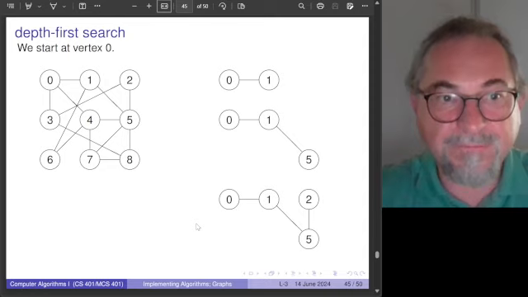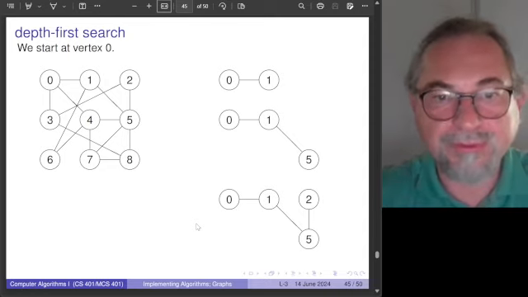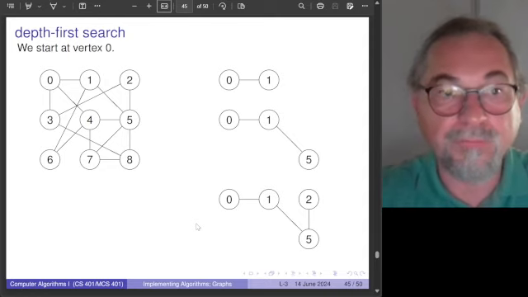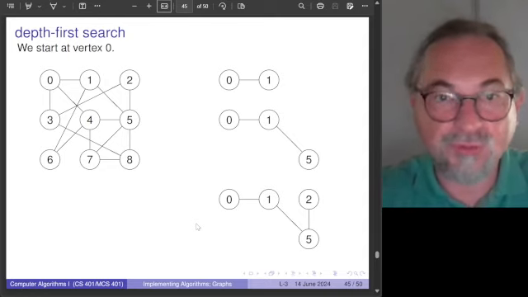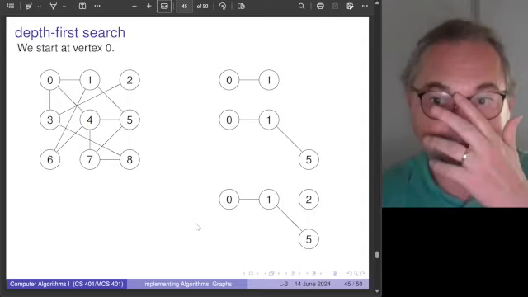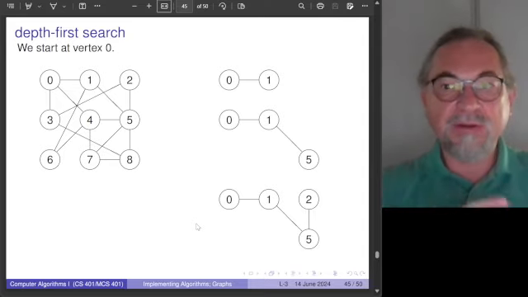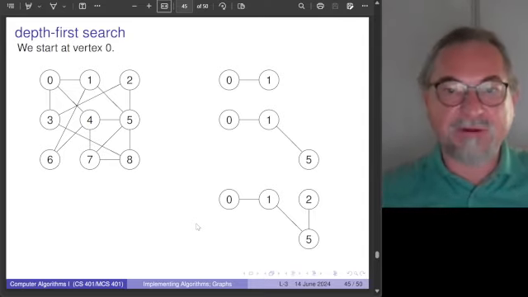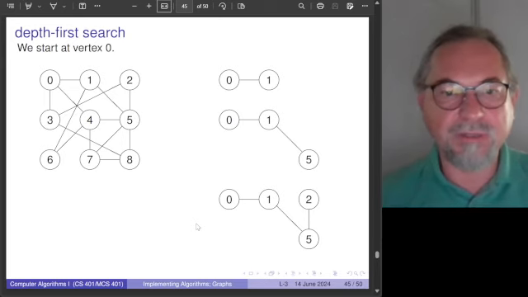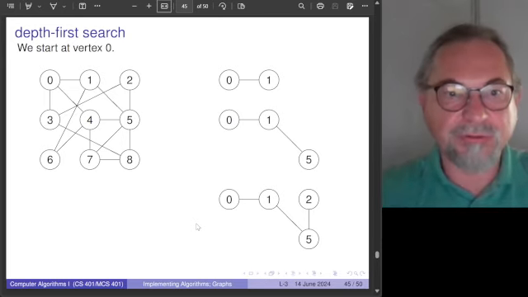From 5, 5 is connected to 2 and 3, so we go to 2. 5 is actually also connected, of course, to 1, but we don't go back. Keeping track of the visited nodes, we are sure that we don't turn back.